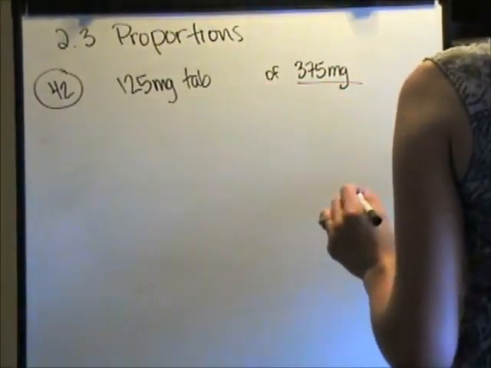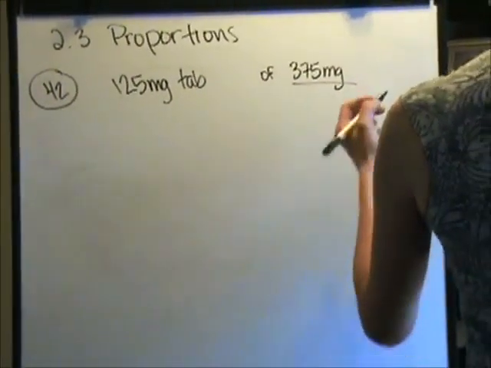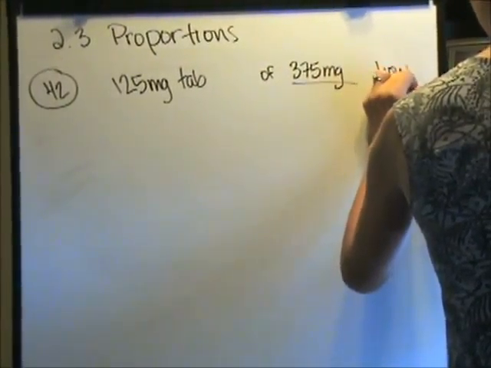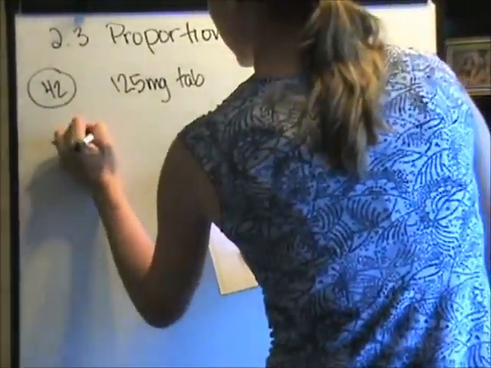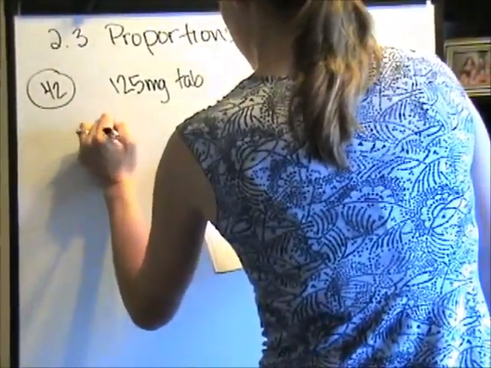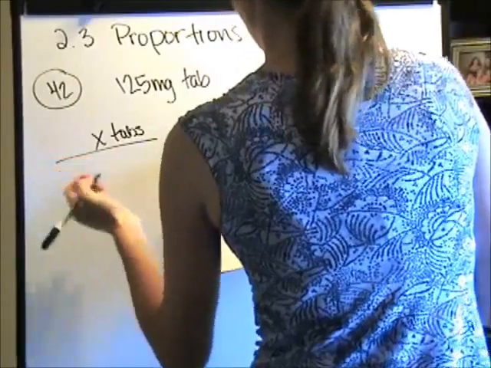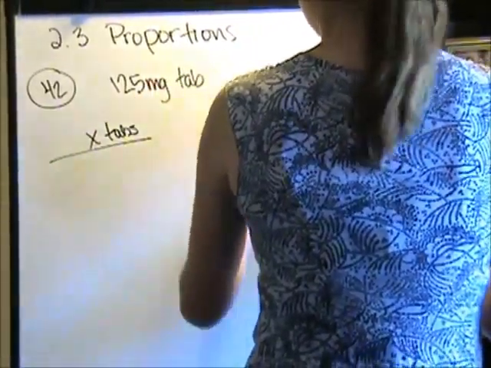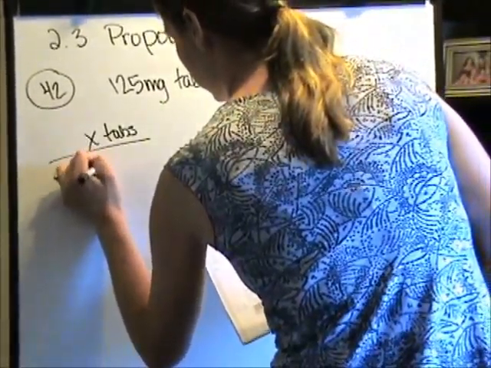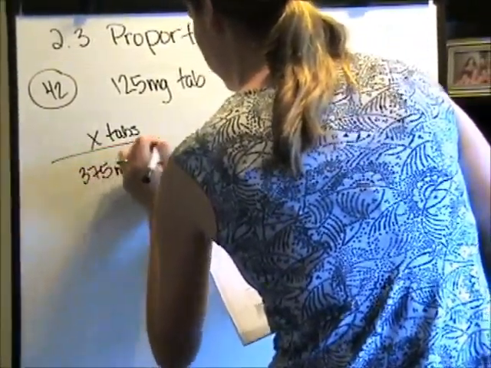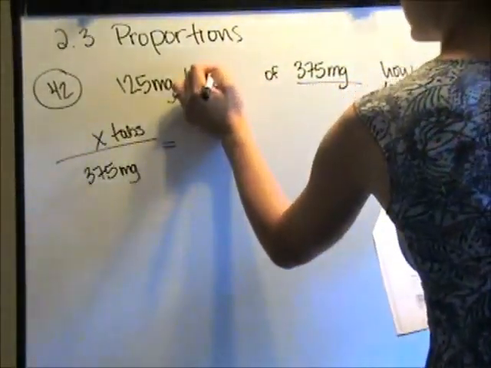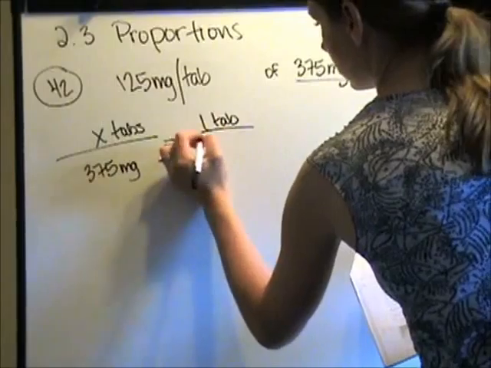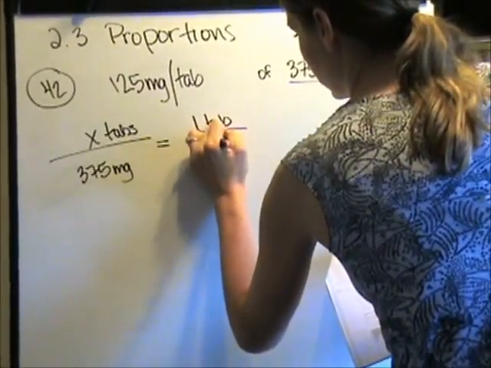So this is the desired dose, and what are we solving for? How many tablets? We're solving for tabs, number of tabs. So x equals tabs over our available dose, or I'm sorry, our desired dose, 375. And we know that 1 tab is equal to 125 milligrams.